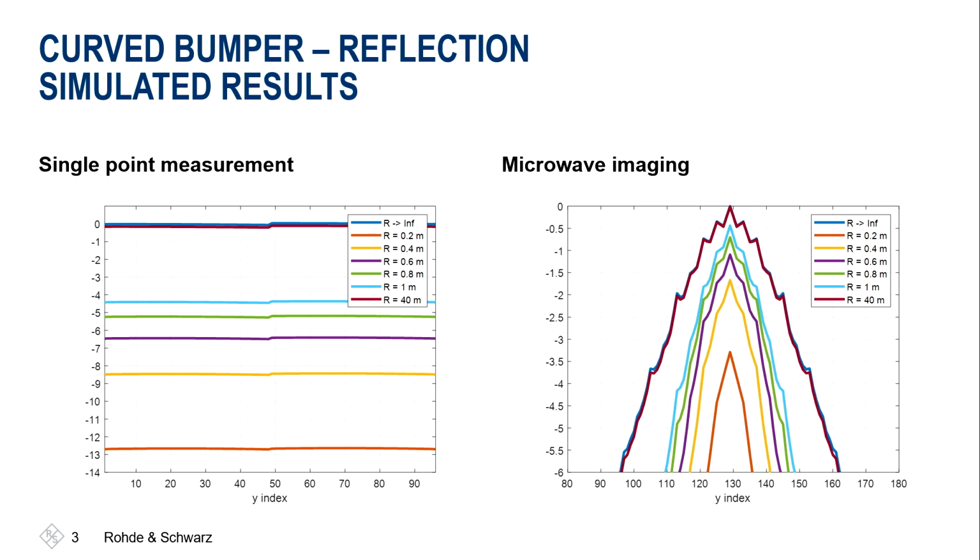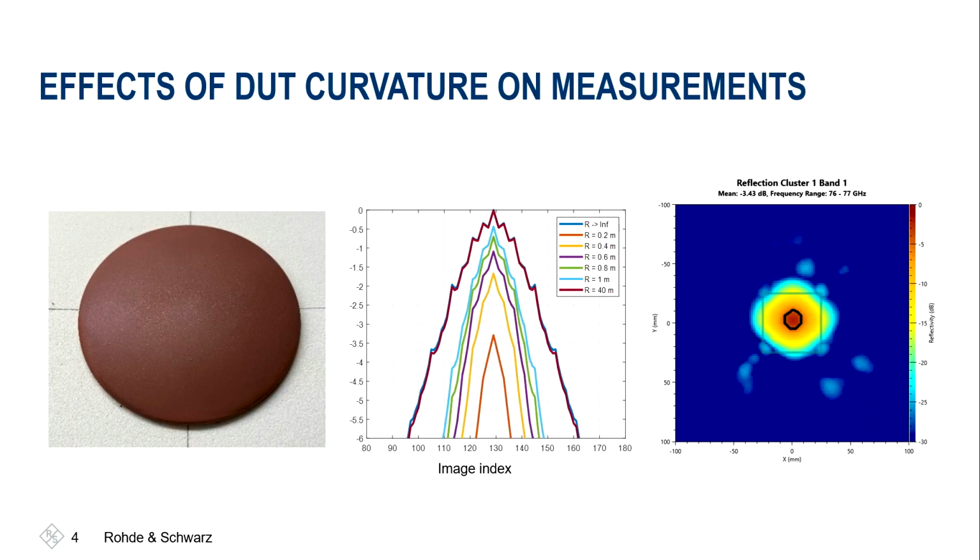Again, how does this look like in a measurement? Here we have prepared a sample with 0.2 meters of radius. It's metallized. And the question is, what's the reflectivity of that sample? Because in theory, we were expecting for the flat sample 0 dB, but the fact that the sample is not flat changes the reflectivity that we measure.